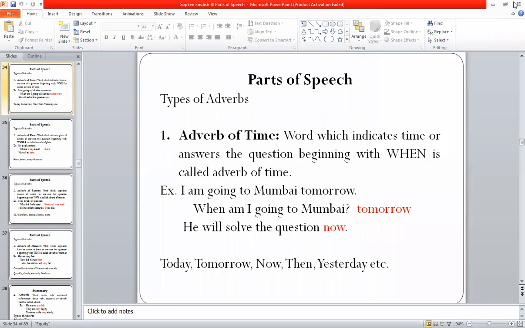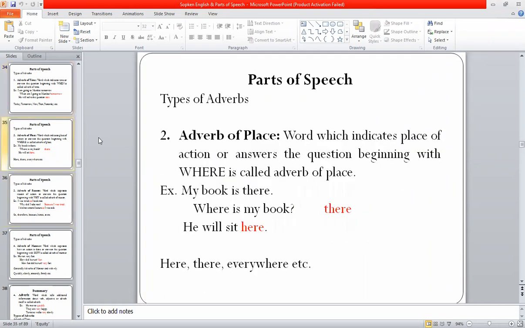And adverbs of place are here, there, everywhere.